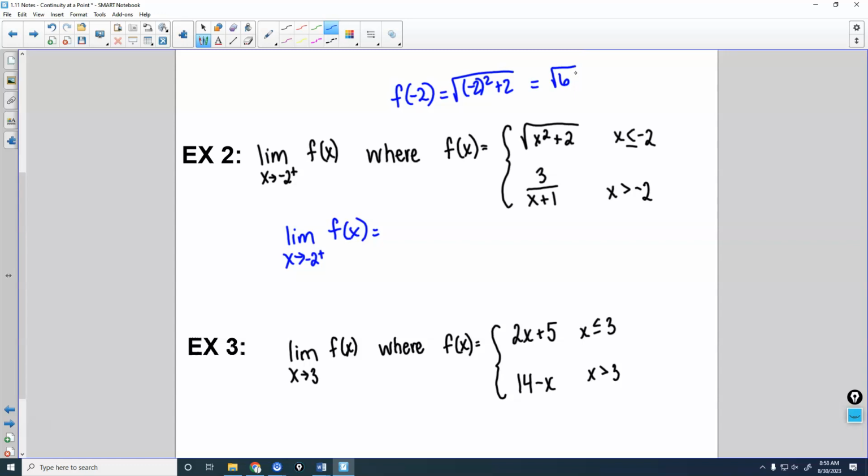But this is a limit, so it does not matter which one's the or equal to, because we're not talking about at negative 2. We're talking about approaching negative 2. And that's going to happen from this bottom side. So we'll have 3 over negative 2 plus 1, which will give us 3 over negative 1, which is negative 3.